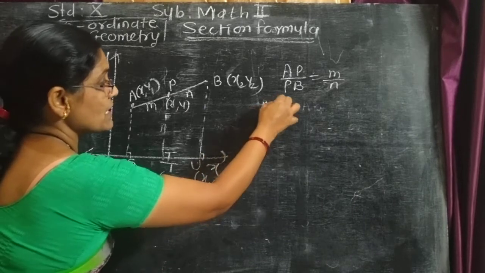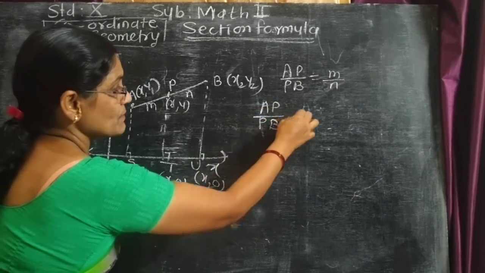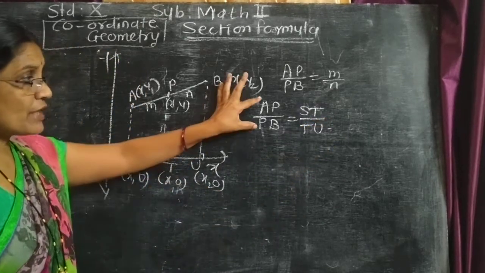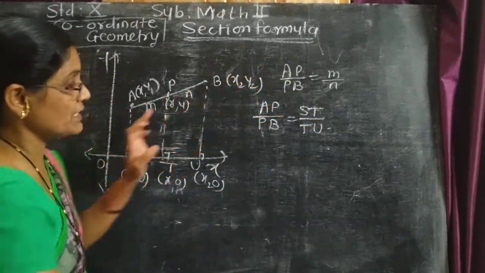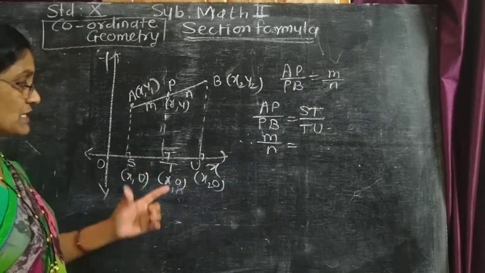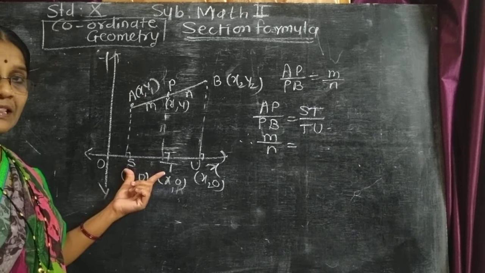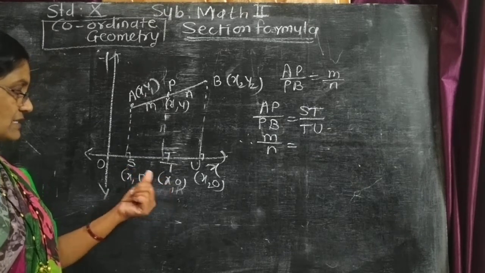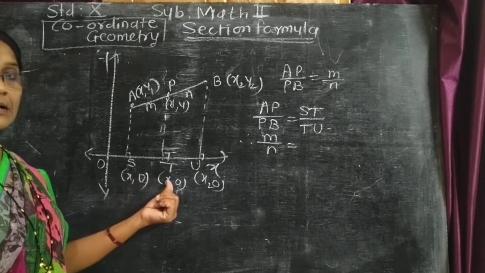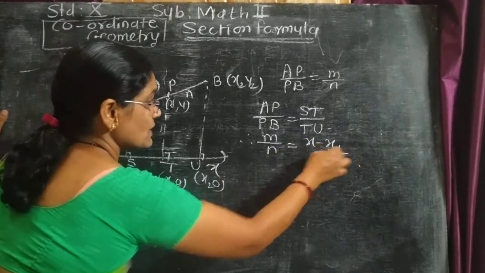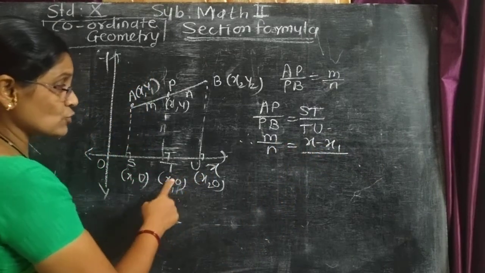AP to PB is given as m:n, so m:n is equal to ST to TU. The distance ST we can determine as greater point minus smaller, that is x minus x1, and TU is x2 minus x.